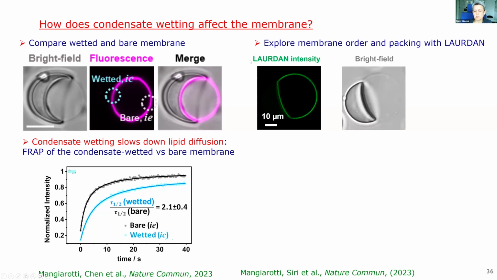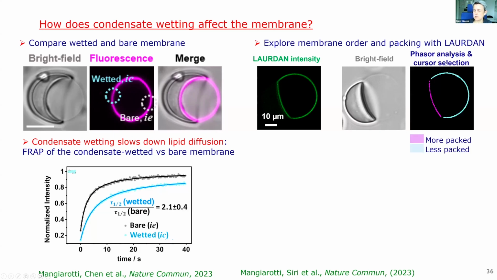And the way you can measure that is by using an environmentally sensitive dye like Laurdan. The intensity of Laurdan is not interesting. What is interesting is to look at how the whole spectrum of Laurdan changes. And when you do that and use something called phasor analysis and cursor selection, you're going to see that the piece of the vesicle that is in contact with the condensate is much more packed than the bare membrane.